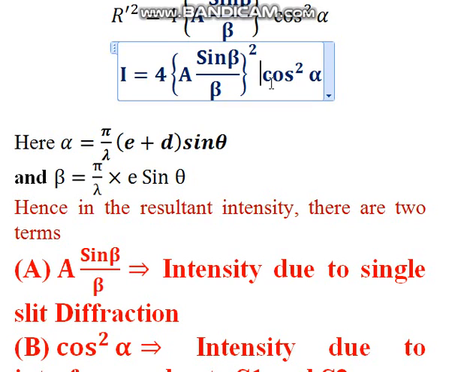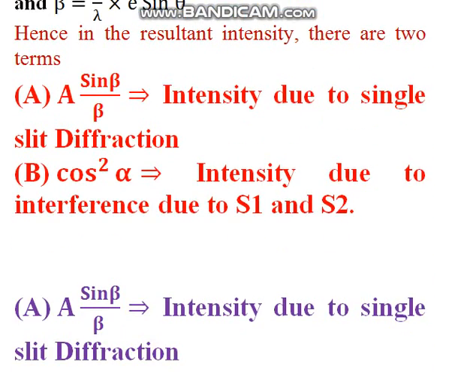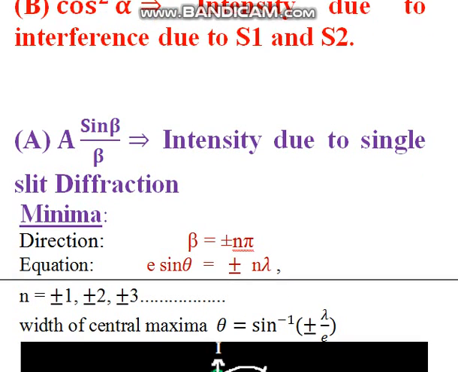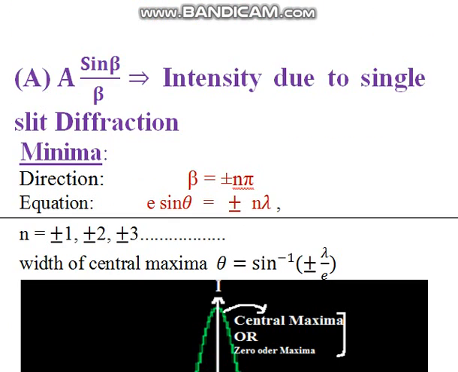So in the double slit diffraction, there is interference and diffraction simultaneously. Now let's discuss these two terms one by one and find out the maxima and minima conditions separately, and then we combine everything and discuss the combined result on the screen.